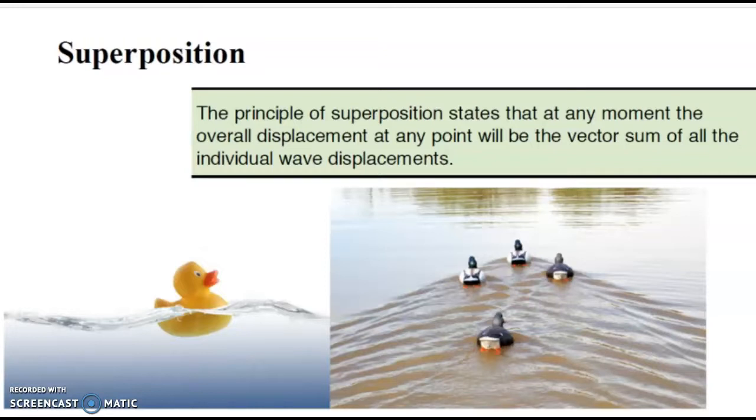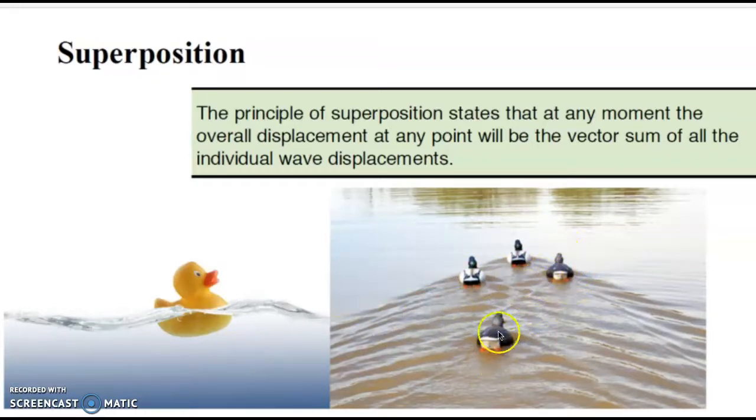So here's our official definition. The principle of superposition states that at any moment, the overall displacement at a point will be the vector sum of all the individual wave displacements. You can see here that we have an example of this, of these ducks trailing behind. This duck at the back is definitely in for a really bumpy ride, as it's experiencing the waves coming from this duck superimposed with the waves coming from this duck.